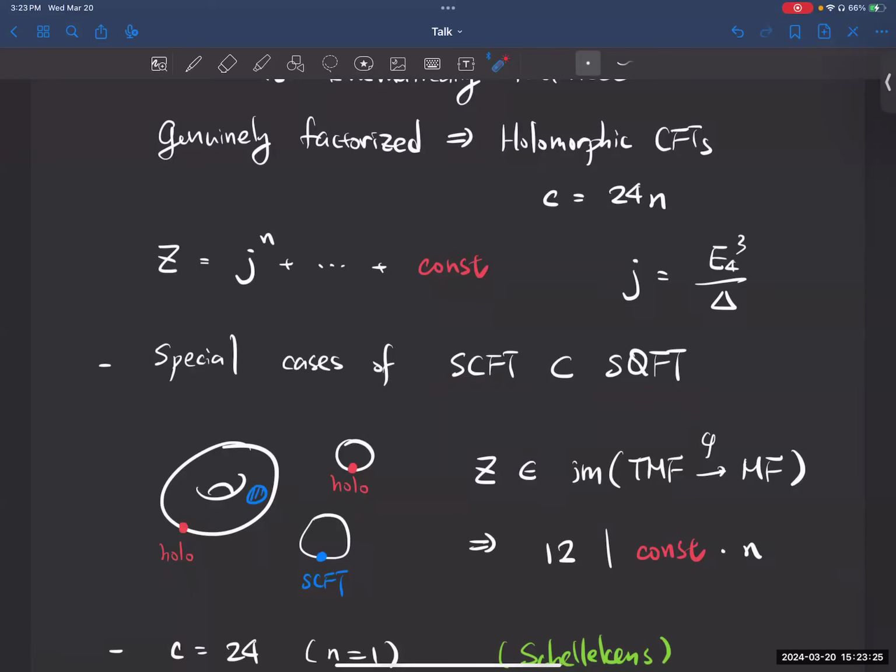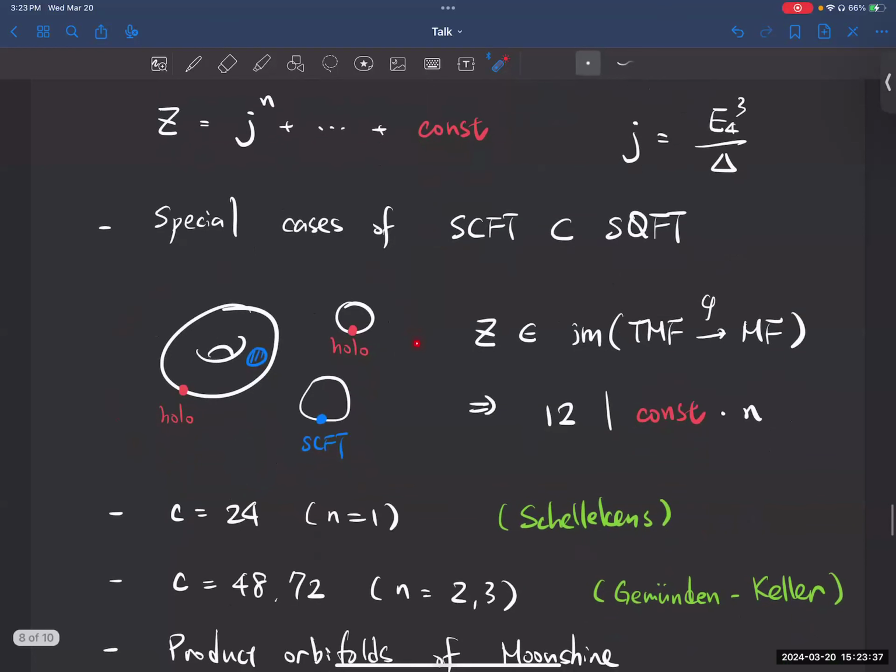Even though we don't usually think about supersymmetry when we talk about holomorphic CFTs, it really is a boundary case of a supersymmetric quantum field theory. If we go back to this picture of SQFTs, there are some RG flows you can do that flow to some SCFT. The generic SCFT is in blue, and for some special cases you get a holomorphic theory, which is this red piece.